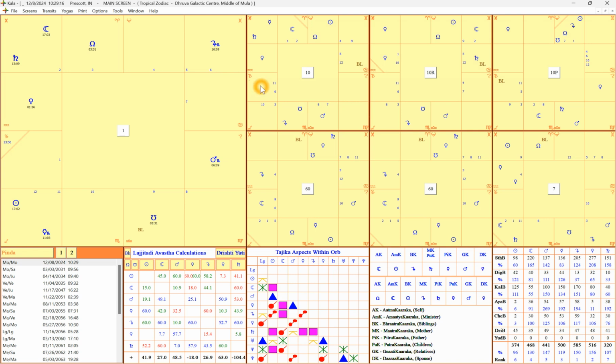And now we go Capricorn, Aquarius, Pisces, Aries, Taurus, Gemini, Cancer, Leo, Virgo, Libra is the 10th. So Capricorn's the first Dasamsha, and we go all the way to Libra as the last Dasamsha of Taurus. Now, from Libra, the first Dasamsha of Gemini is Gemini. We bounce back to Gemini.